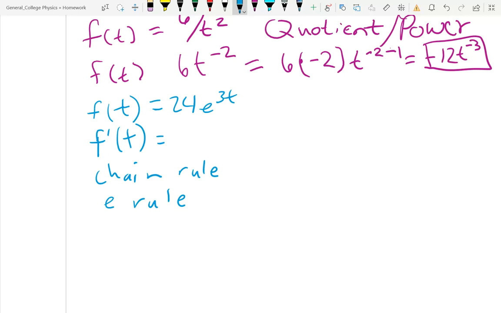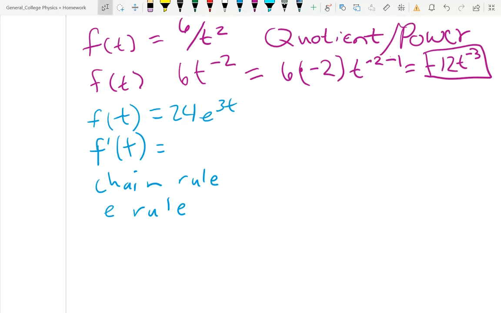So the chain rule means that we take the derivative of the inside of the exponent of e. So that means that we have 24 times 3 times e to the 3t, which stays the same.